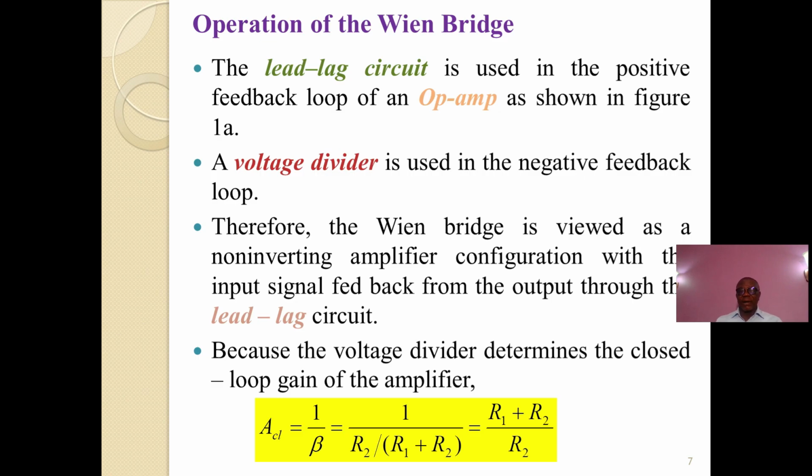When we solve R1 and R2 in parallel, it will give us R1 plus R2 all over R2. That is from our basic circuit analysis. So we say that the voltage divider, which determines the loop gain of the amplifier, is given as closed loop gain equals R1 plus R2 over R2.